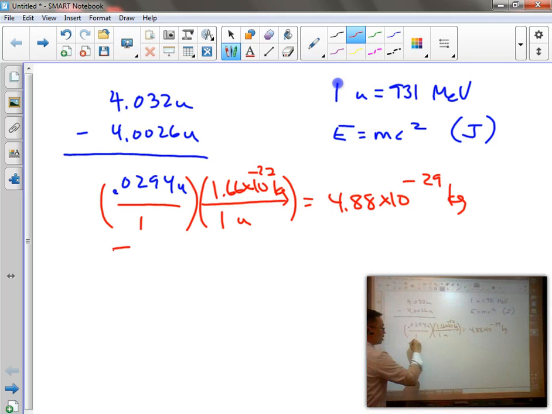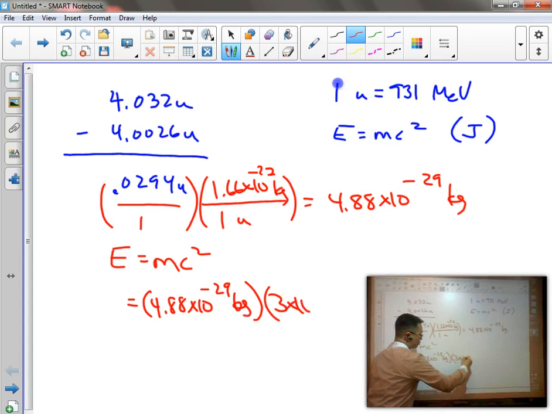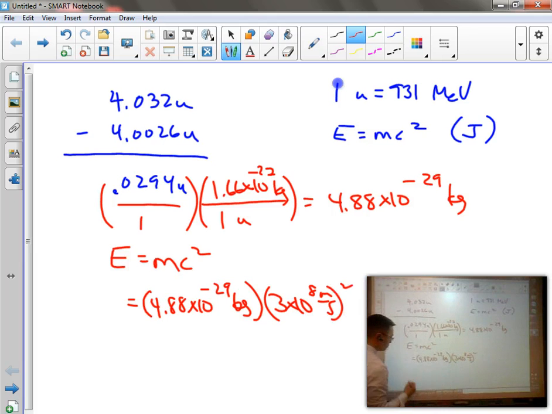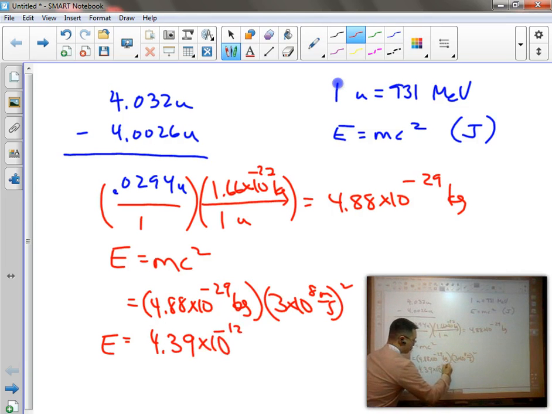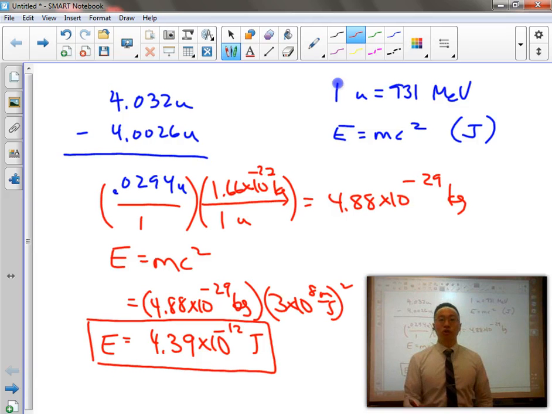Using the formula E equals mc squared, the energy that was created is 4.88 times 10 to the negative 29 kilograms times the speed of light squared, which is equal to 4.39 times 10 to the negative 12 joules. Okay, so that's how much binding energy was created when the protons and neutrons gave up some of their mass and became a glue that held the nucleus together.